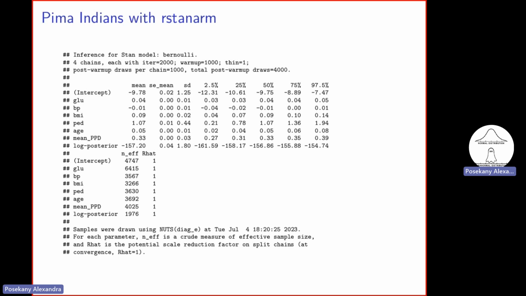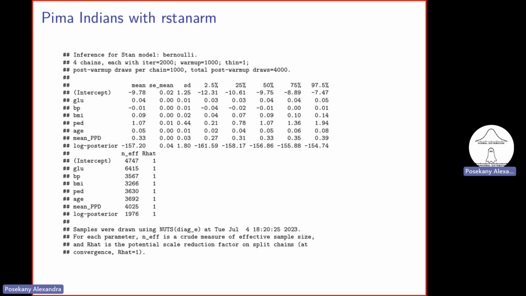So for glucose, for example, we have 6,400, not out of 4,000, but out of the total 2,000 times 4, out of 8,000, which would have been the effective sample size. So more than 3/4, more than 75%. This is nice. This is one of the good ones, where basically you know that 3 out of 4 would really be IID.